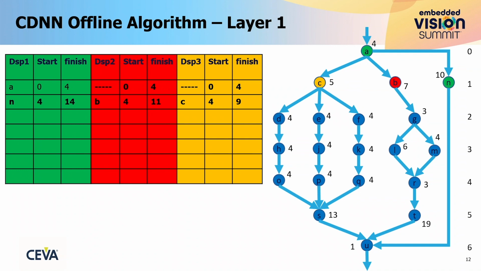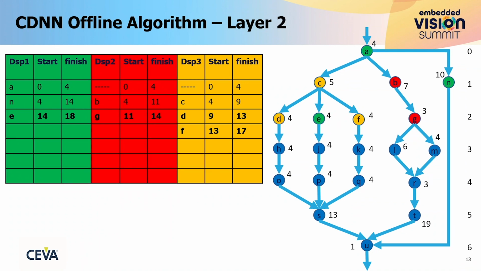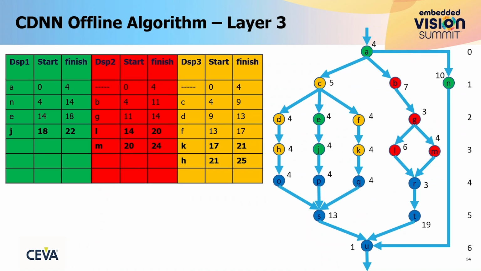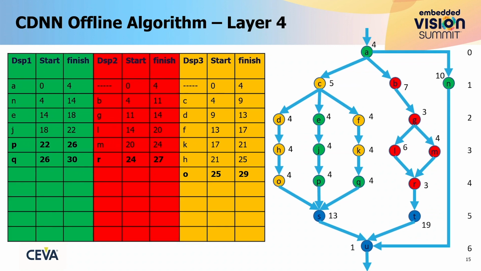We move on to the next slice, but here we have 4 layers and only 3 cores. So we are assigning to the first core that becomes available. The yellow gets F and D.